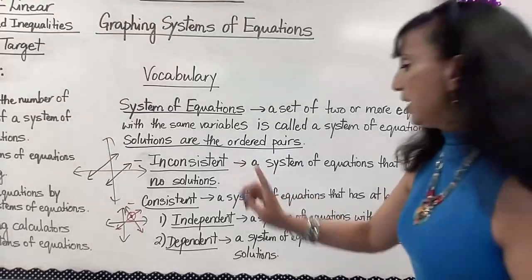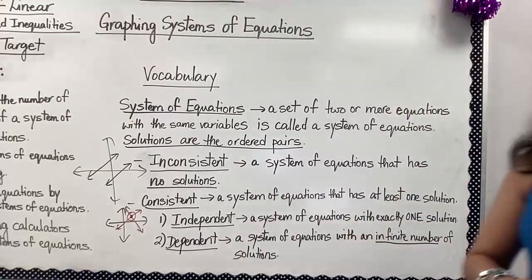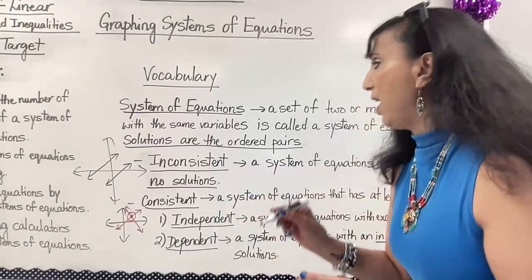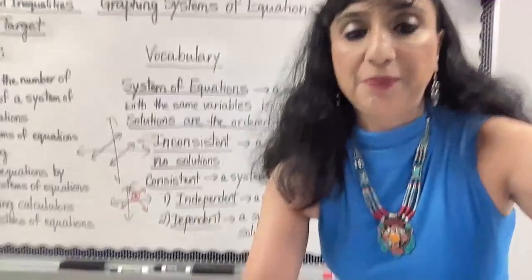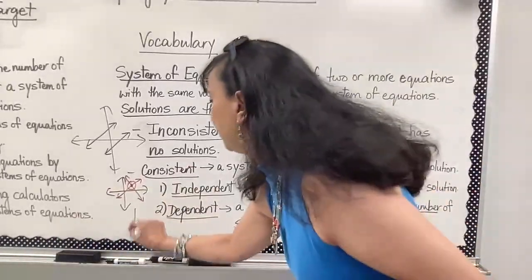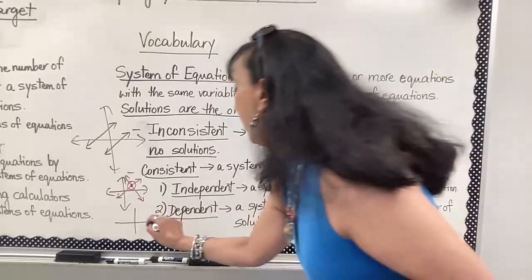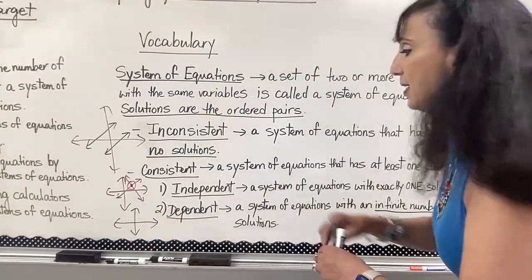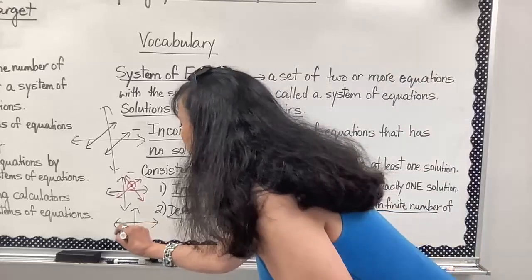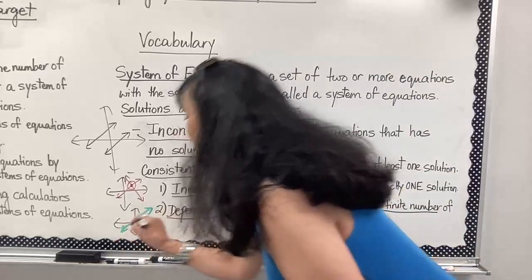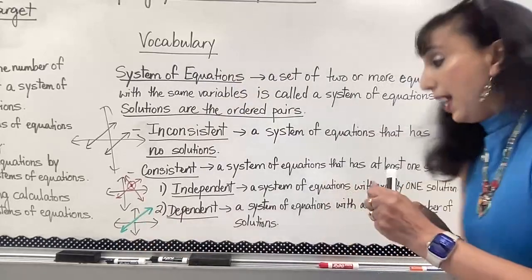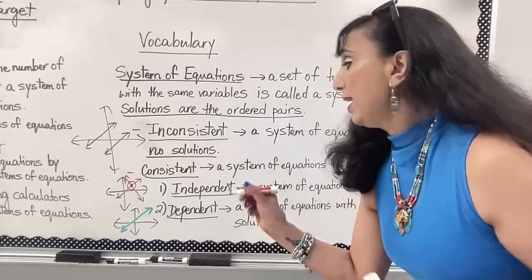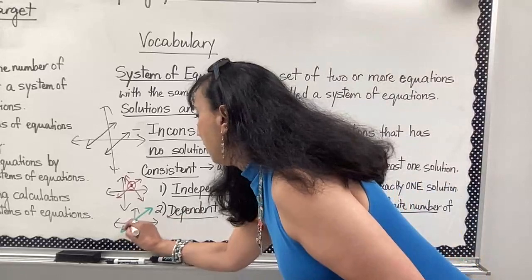In a consistent dependent system of equations, there are an infinite number of solutions. The graph looks something like this. I might have a line going this way, and then another line on the graph going exactly the same path.